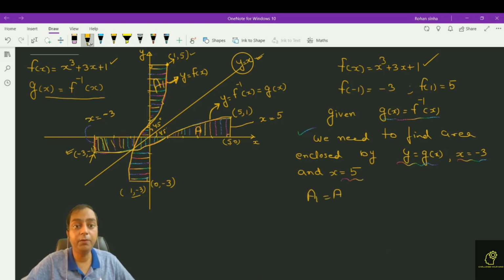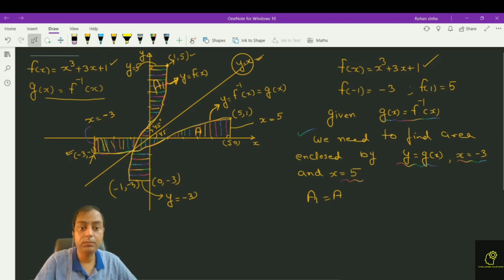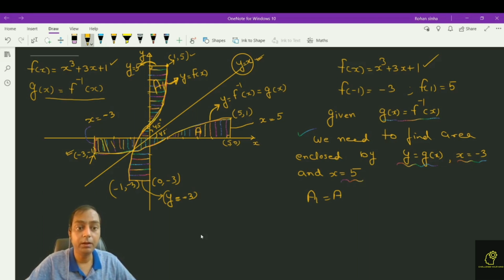What is A1 here? A1 is the area bounded by y = f(x) and this line, y = -3, and this line, y = 5. So the area bounded by y = f(x), the y-axis, y = -3 and y = 5 is the same as the area bounded by y = f inverse x, x = 5, x = -3 and the x-axis.